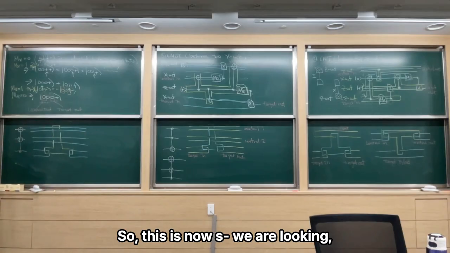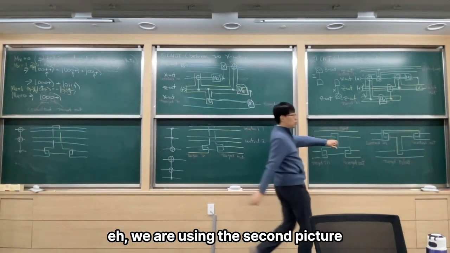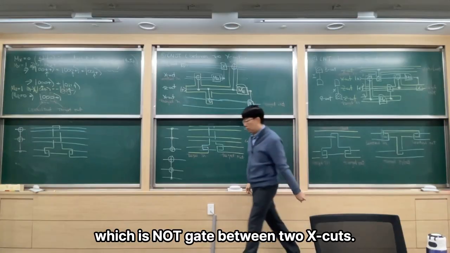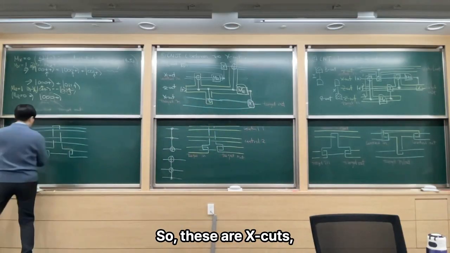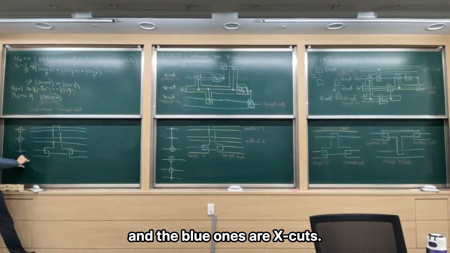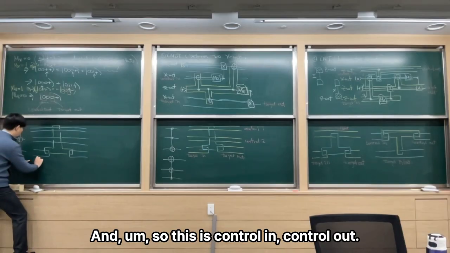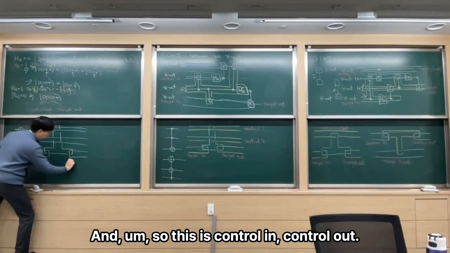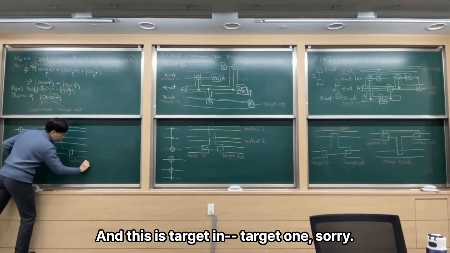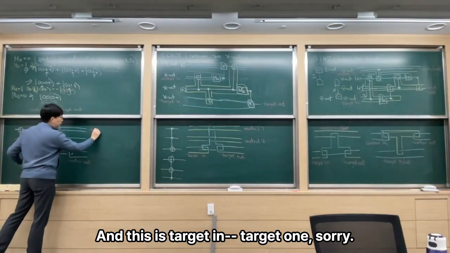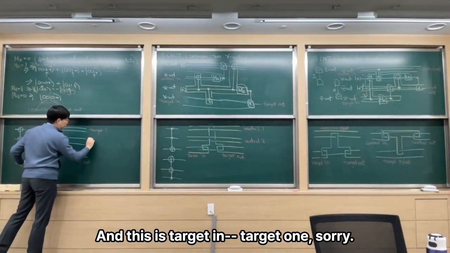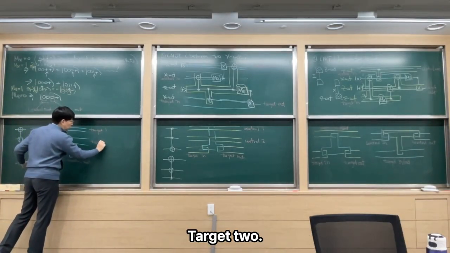Okay. Now we are using the second picture, which is a CNOT gate between two X cuts. These are X cuts, and the blue ones are X cuts. So this is control in, control out, and this is target in, target 1, target 2.